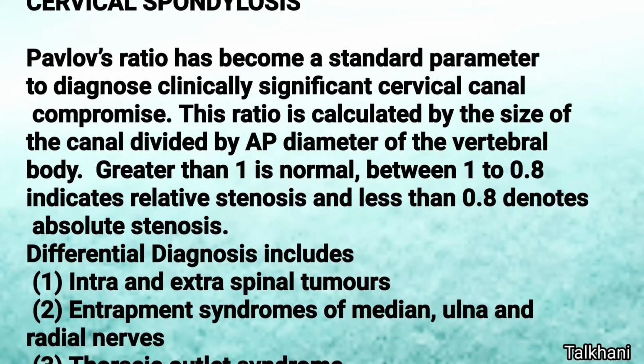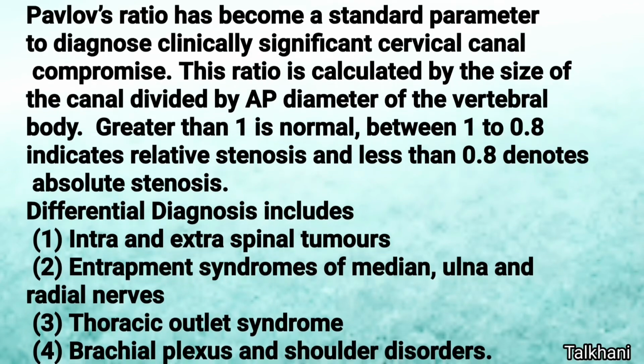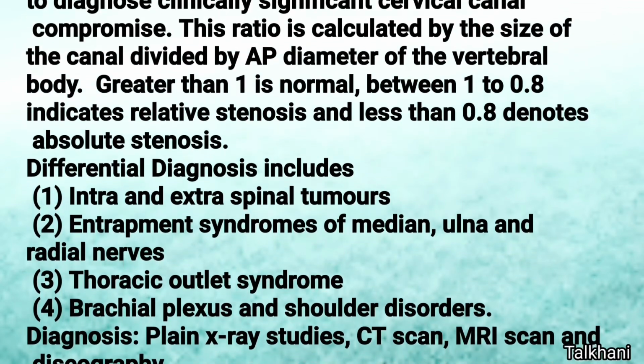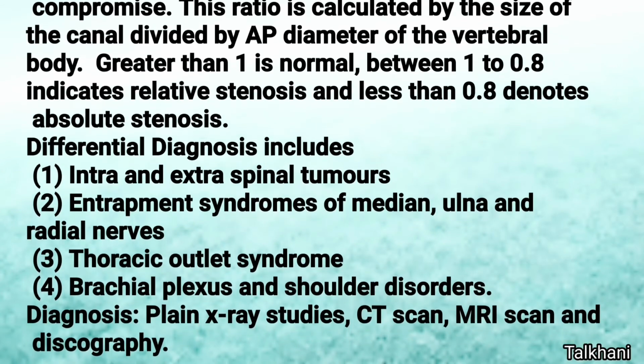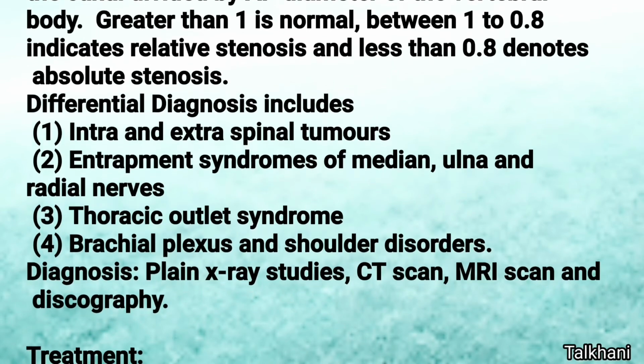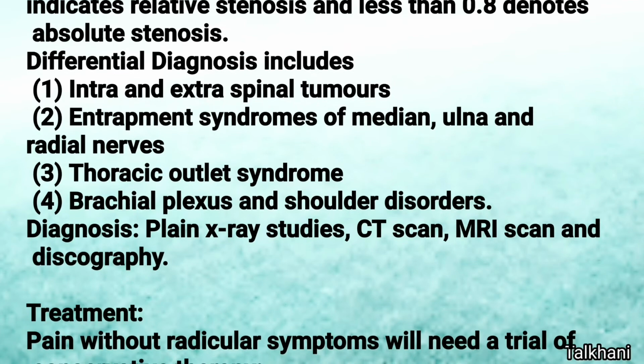Differential diagnosis includes intra- and extraspinal tumors, entrapment syndromes of median, ulnar and radial nerves, thoracic outlet syndrome, brachial plexus and shoulder disorders. Diagnostic investigations are plain X-ray studies, CT scan, MRI and discography.